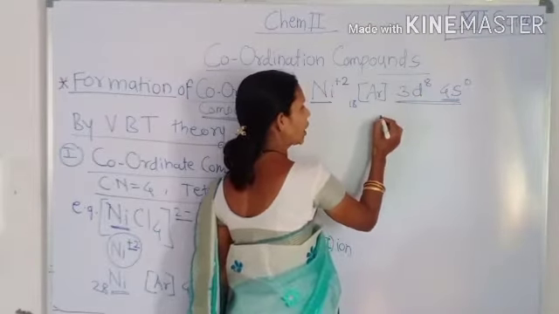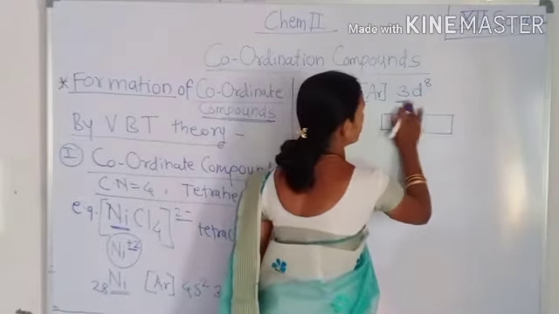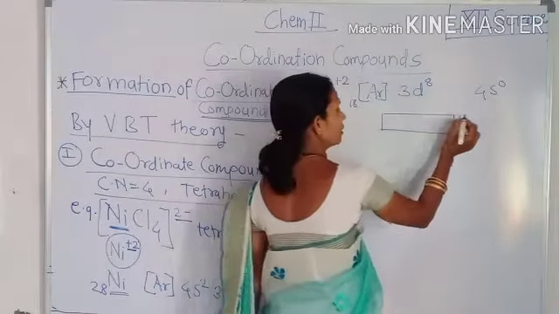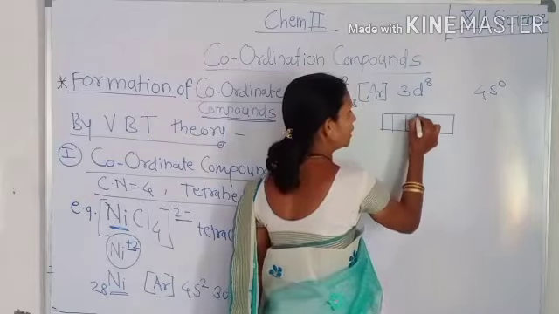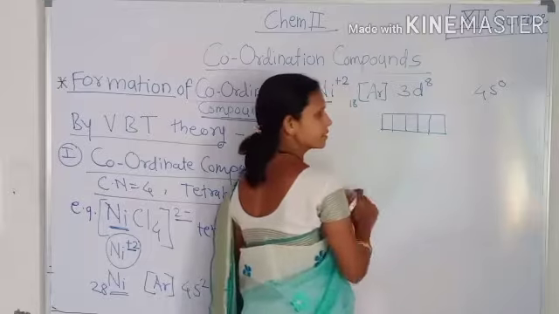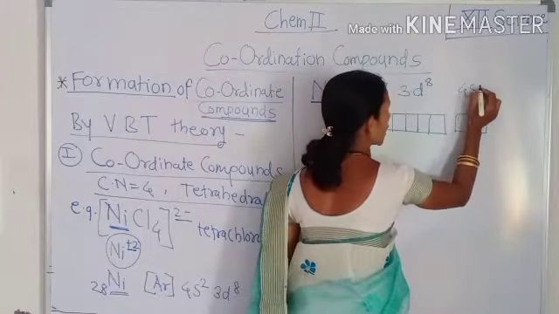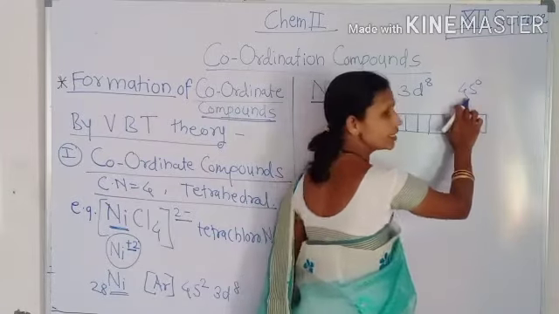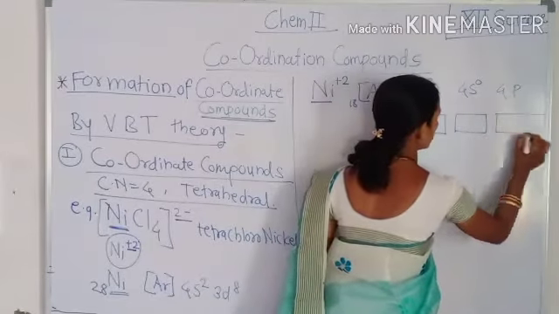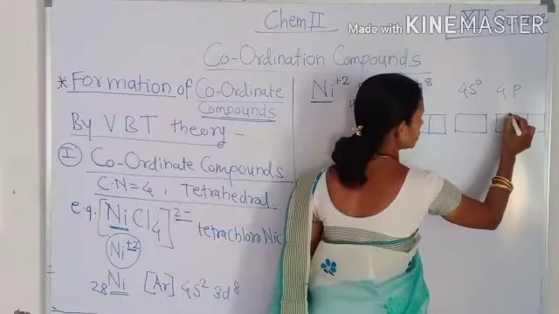Then we have to write the orbital diagram or electronic configuration for this. 3d contains 5 suborbitals, and 4s is an empty or vacant orbital. There is also 4p, which has 4px, py, pz, 3 subshells.